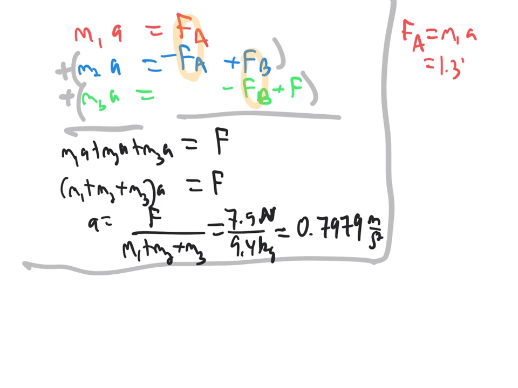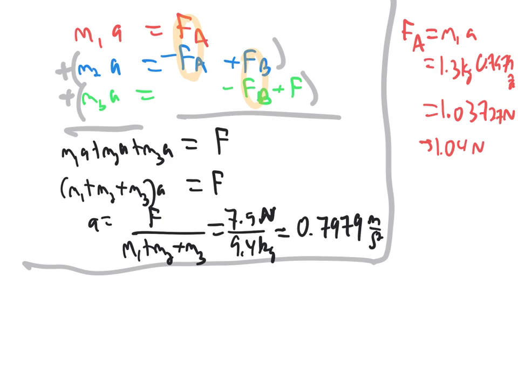So it's 1.3 kilograms times 0.7979 meters per second square, or 1.03727 newtons, which becomes really 1.04 newtons when we go back to our 3 sig figs.